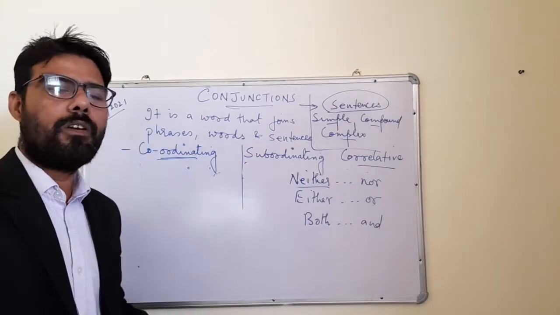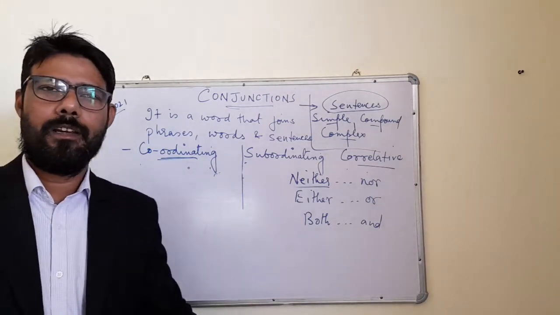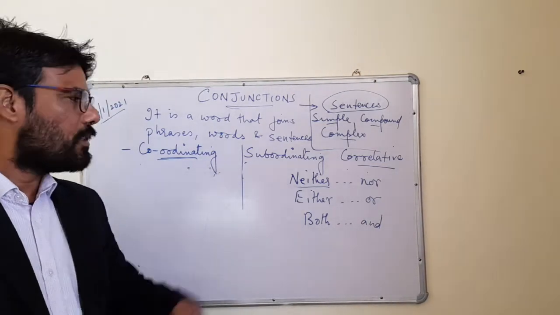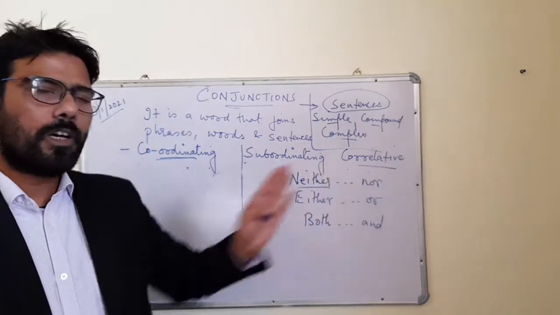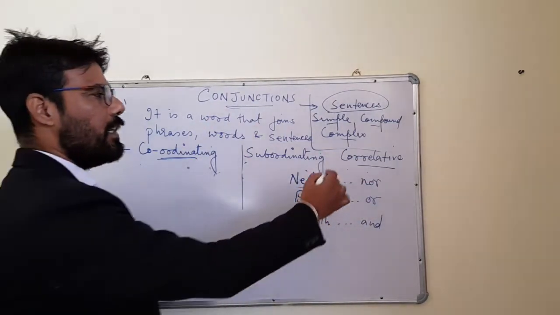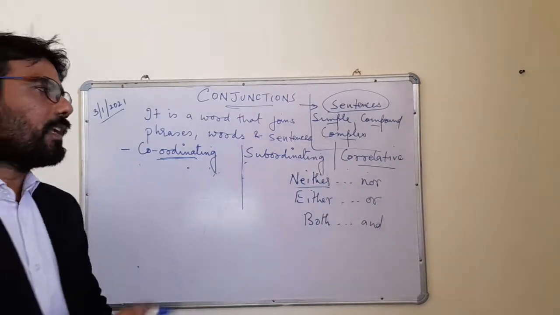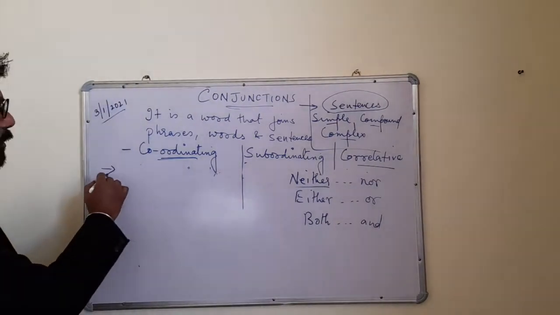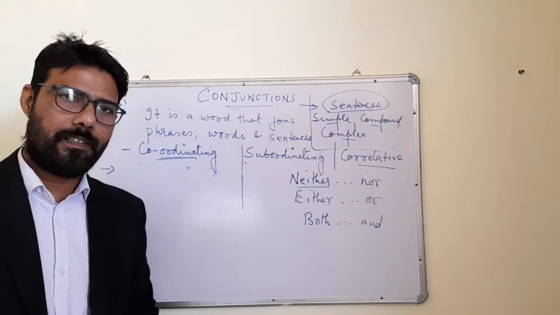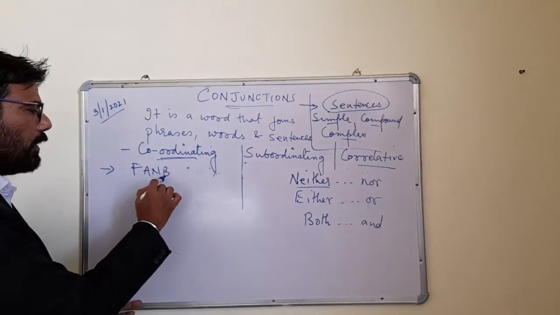Neither James nor Robert will come to school, right? I cannot say neither James will come to school. Neither James nor Robert would come to school. So these words come as a correlation, meaning they come together. Henceforth, in your book also it has been mentioned as the third type, correlative. Is it clear? Now, when I'm talking about coordinating, children, you must have been taught in your previous classes that you just need to remember one basic concept, that is FANBOYS.